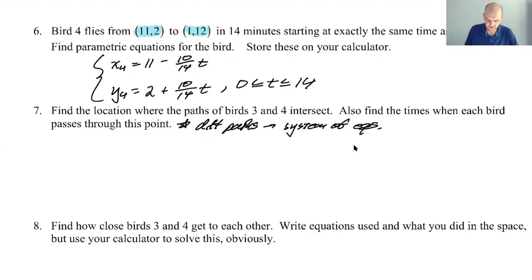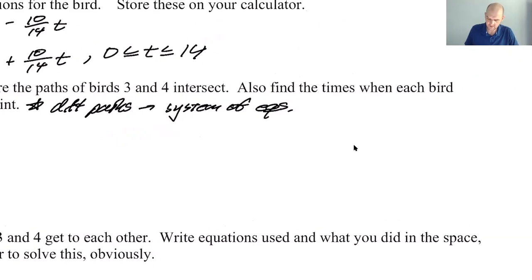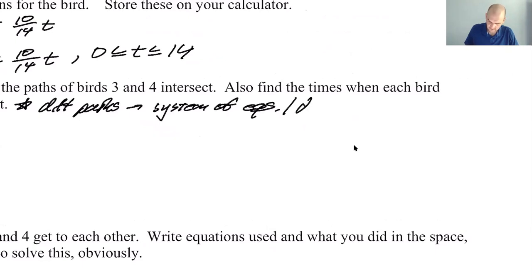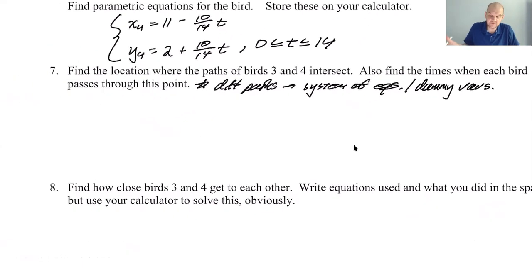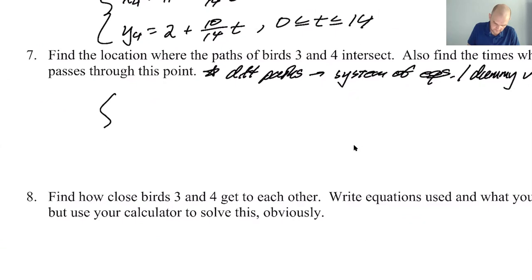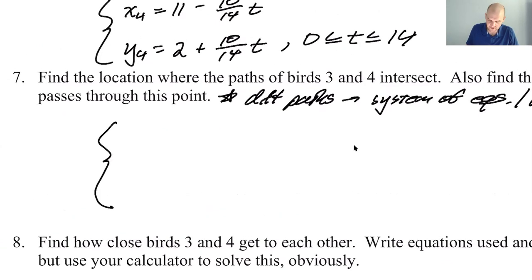So since all bets are off, we're going to use a system and we're going to use dummy variables. The dummy variables I use are just going to be T3 and T4. T3 is when bird 3 gets there. T4 is when bird 4 gets there. Here's the system. It kind of looks like a set of parametric equations, which is annoying, but it's the one place where these concepts overlap.